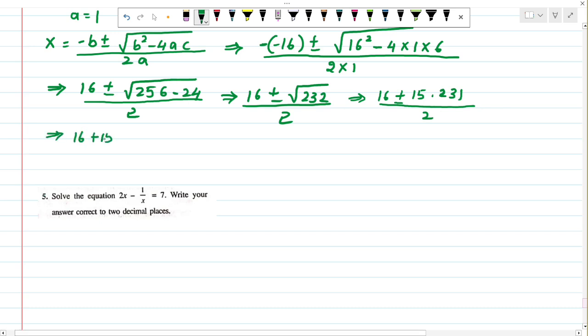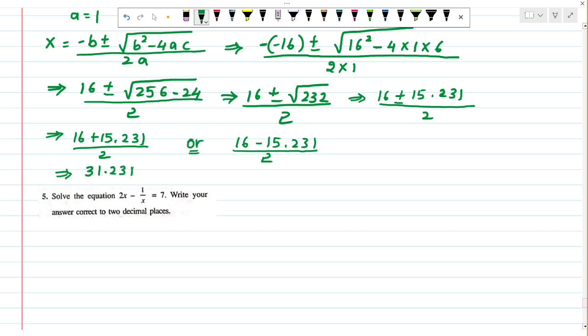So the two possibilities are 16 plus 15.231 divided by 2, or 16 minus 15.231 divided by 2. If I simplify this, I'll get the values as 31.231 divided by 2, or 0.769 divided by 2.